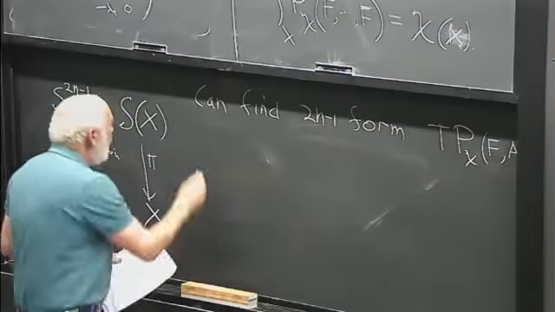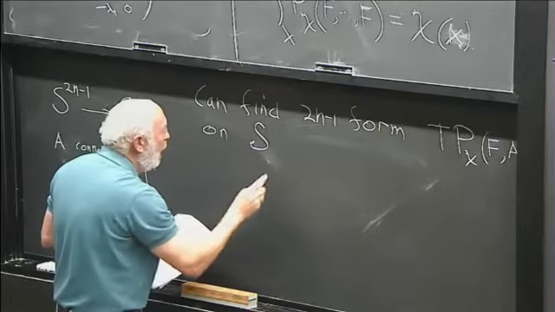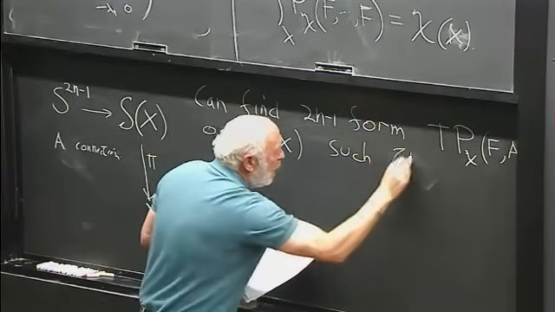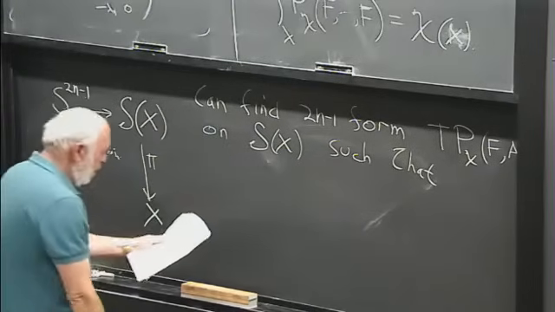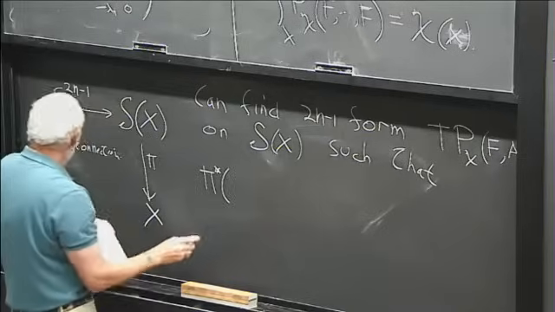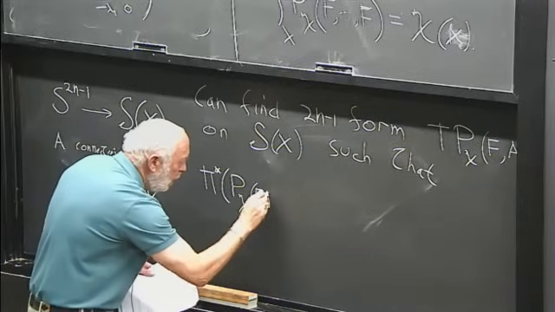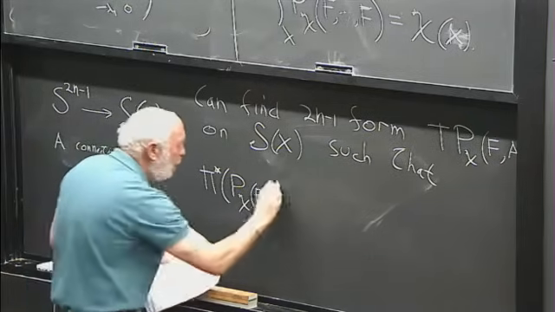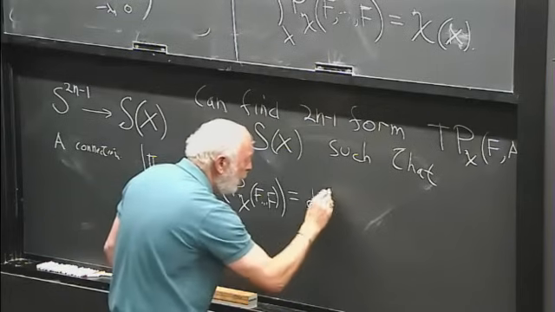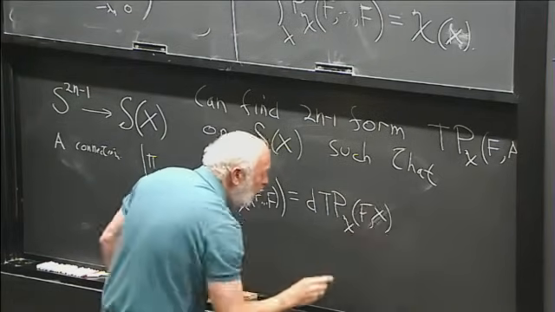Such that when this form is on the sphere bundle itself, on S of x, such that pi star, when I lift it, pi star of P sub chi of F's, I lift it up, it's d of T P chi of F and A.